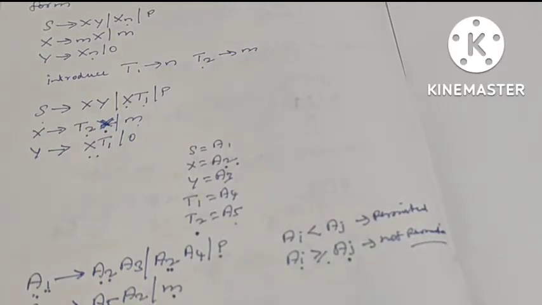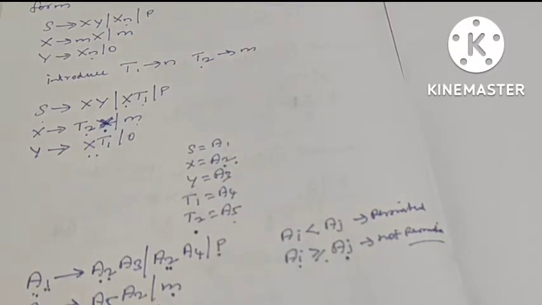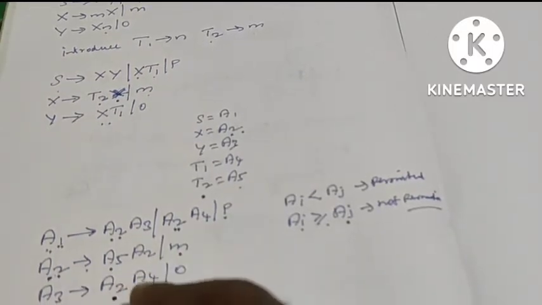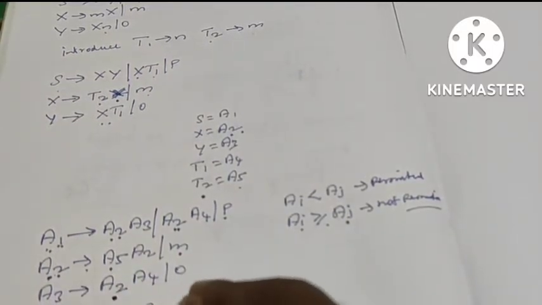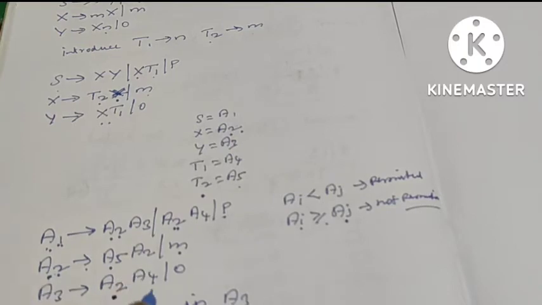So what we have to do here is substitute the value of A2 in A3. That means A2 productions have to be substituted in A3 here.